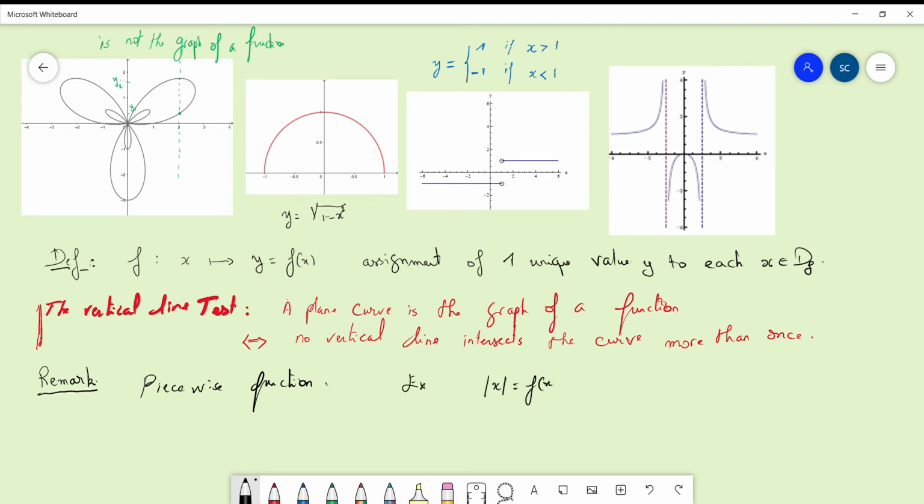So let's erase this one. It takes the value x, exactly x, if x is positive, and minus x if x is negative.